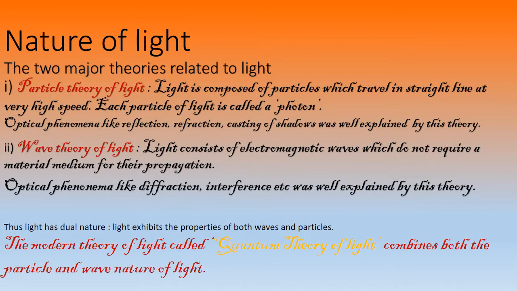Children, before we go into the main topic, let us discuss the theories related to the nature of light. The two major theories related to light are particle theory of light and wave theory of light.